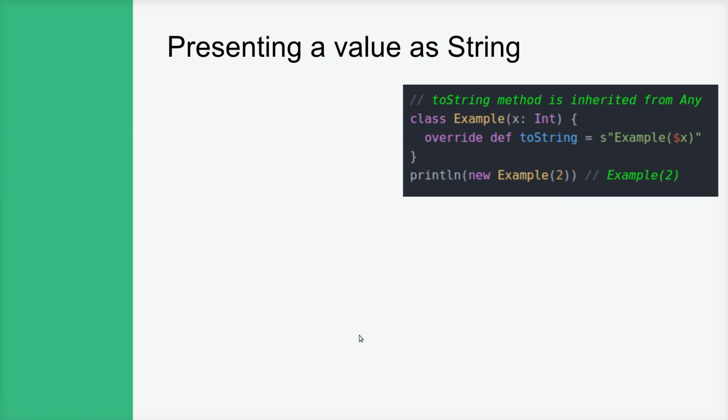In the case of presenting a value as a string, we have already seen that we can declare a class and override the toString method that comes from Java, and we can simply represent this as a string, as you can see here. The problem with this is that you don't really know when you can represent an object as a string or not.